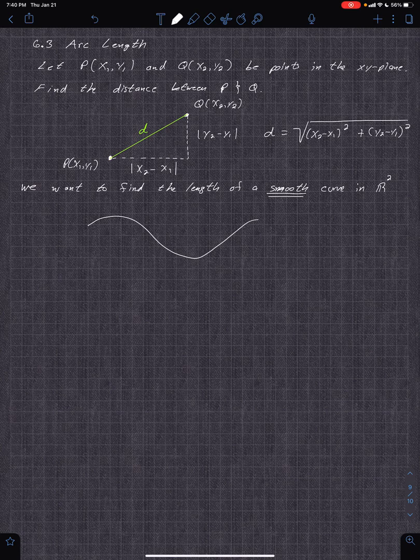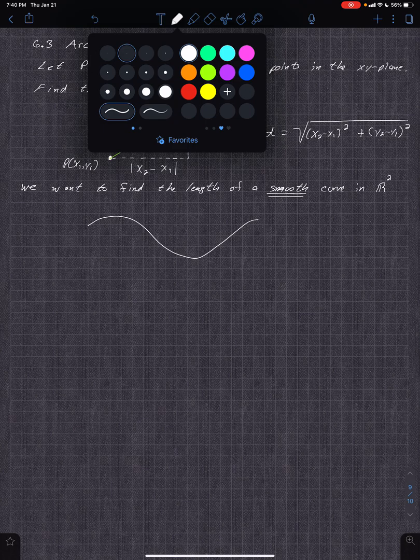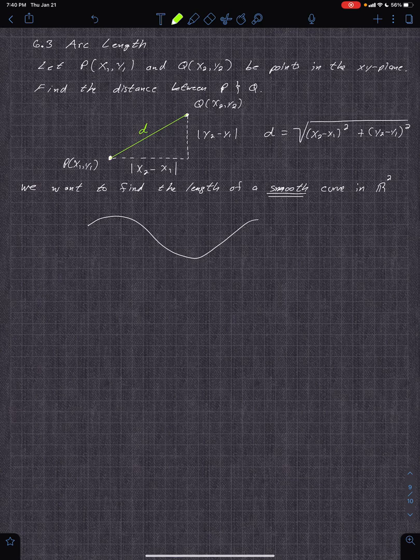And what we end up doing is looking at these line segments. So we say this is, say, Q0, and then we break it up into pieces. This will be Q1, and then Q2, kind of exaggerating a little bit here, so Q3, etc. Then you can approximate the curve length by looking at these line segments.